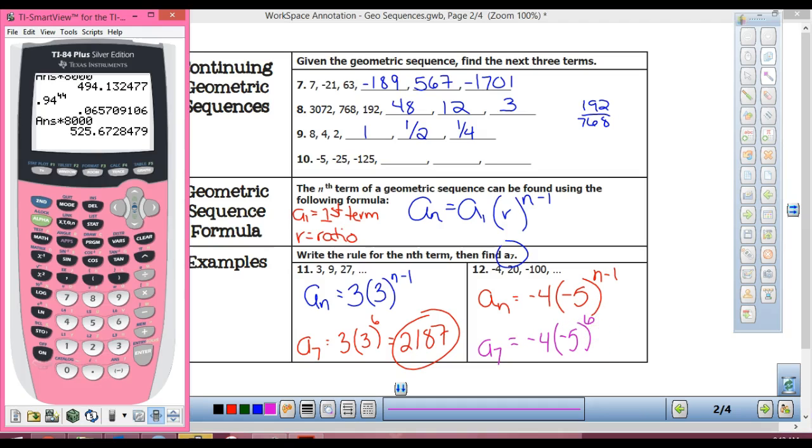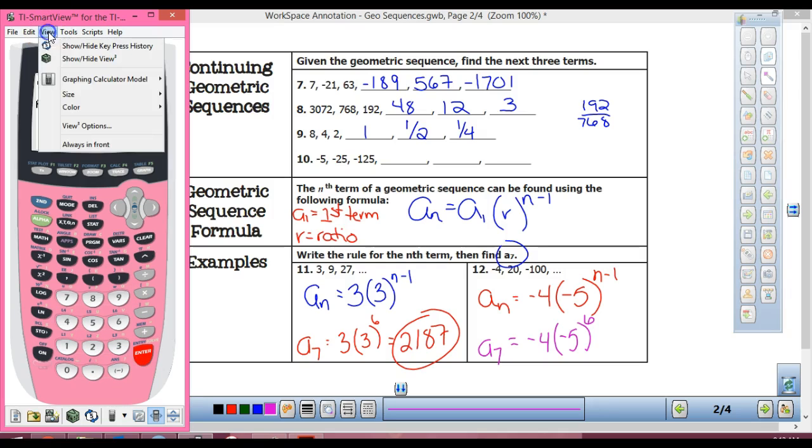Now be careful in your calculator. That ratio, guys, needs to go in parentheses. Otherwise, it's going to mess up your positives and negatives. So if I need to go negative 5 to the 6th power, and then I can multiply by that negative 4. That makes sense?